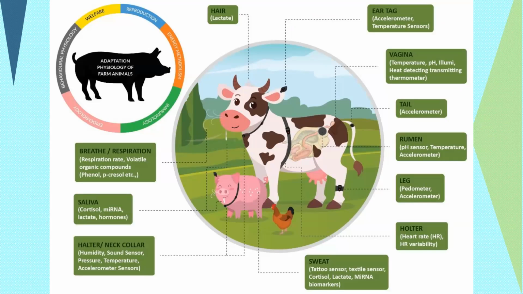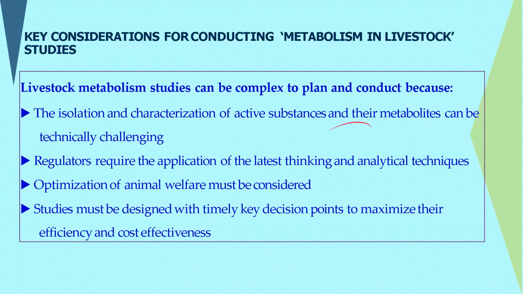Of course, the muscle tissue, the milk or the egg are also important, whereas in the case of the pig, it is totally the meat. So there are varieties of keys for understanding and conducting metabolism in livestock studies. They are complex, and we need to plan and conduct them carefully, because the isolation and characterization of active substances and their metabolites can be technically very challenging.